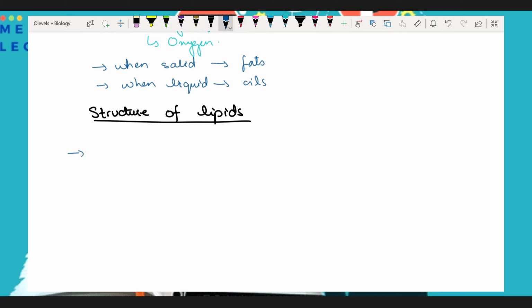We know that in the structure of lipids, we have one glycerol molecule, and that one glycerol molecule is joined to three fatty acids.